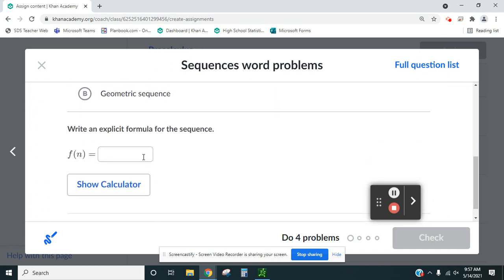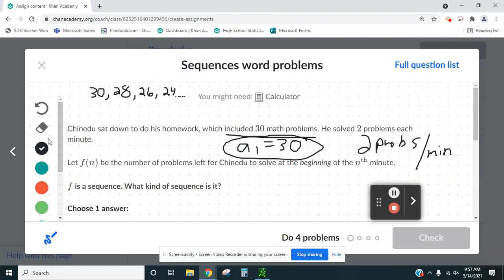The second question asks for a formula for this. All right. Who remembers the formula for the sequence? The only thing that should matter.